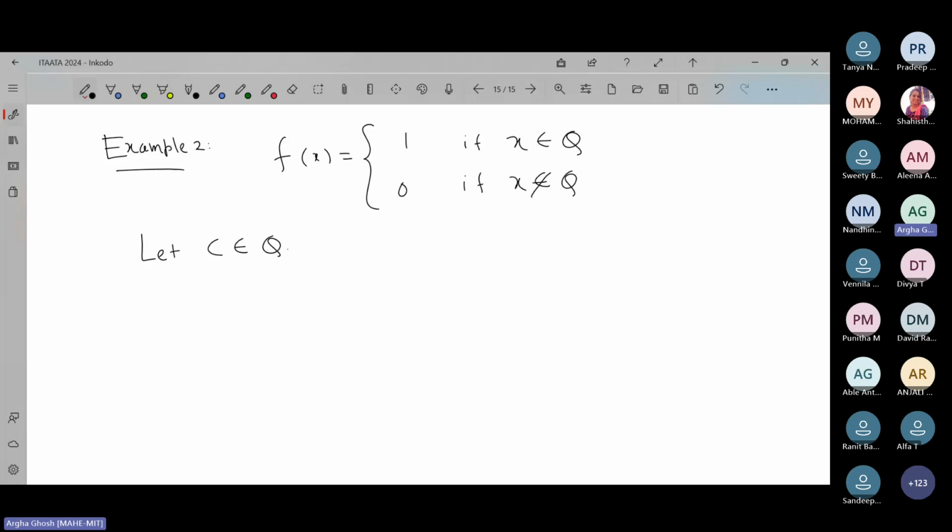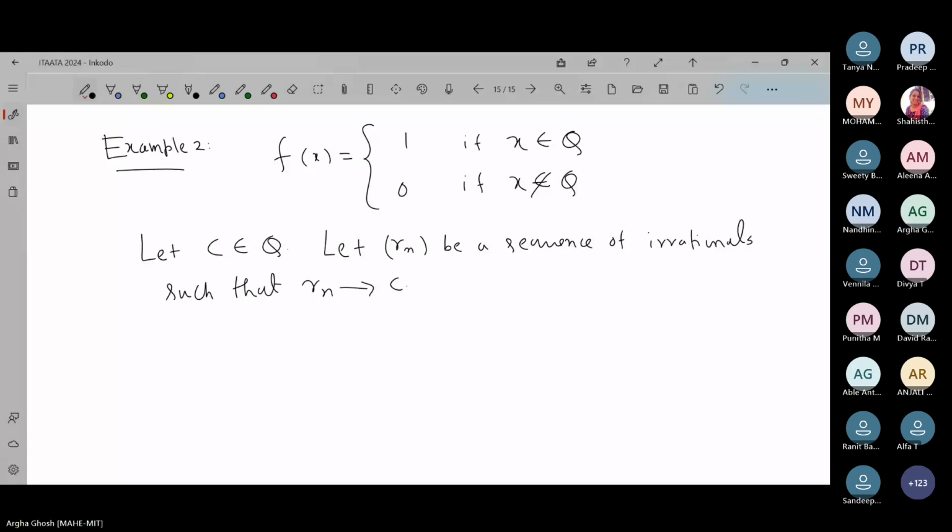So let rn be a sequence of irrational numbers such that rn converges to c.